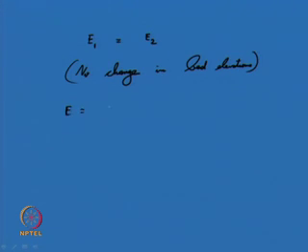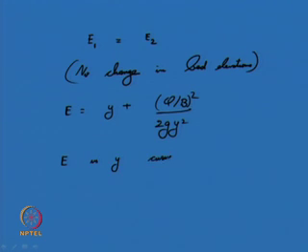From the following equation, one can see the E versus y curve for different q by b values, and one can interpret them. How will you do that?